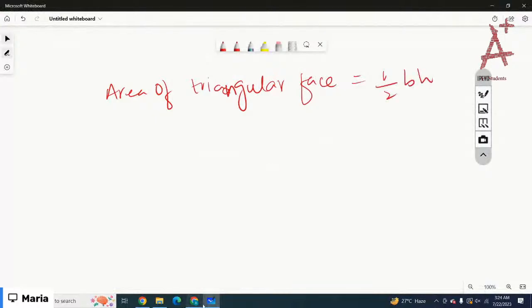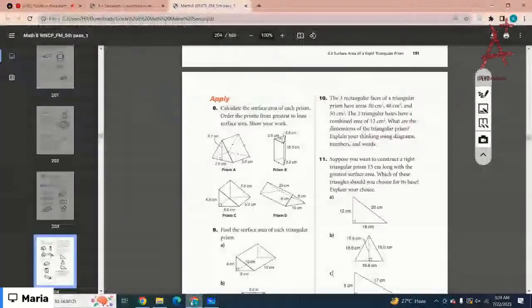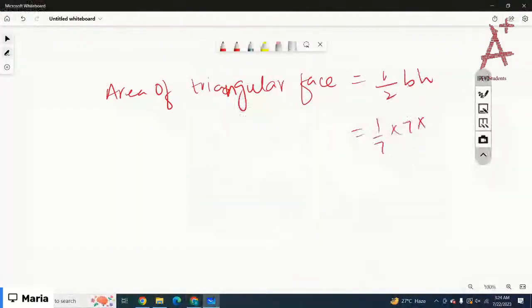So the base is 7 and the height is 6.1. Let's calculate the value: 7 times 6.1 divided by 2. That is the area of the triangular faces.